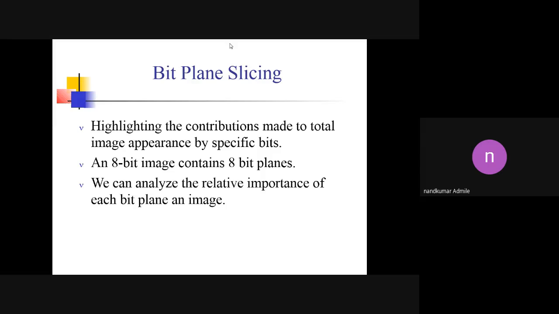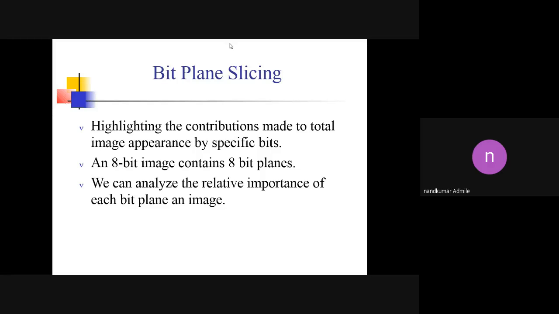A grayscale image is represented by an 8-bit unit, and a color image is represented by 24 bits. Each color can be represented by an 8-bit unit, so 8 plus 8 plus 8 is 24. That's why the color image can be called full color image processing.